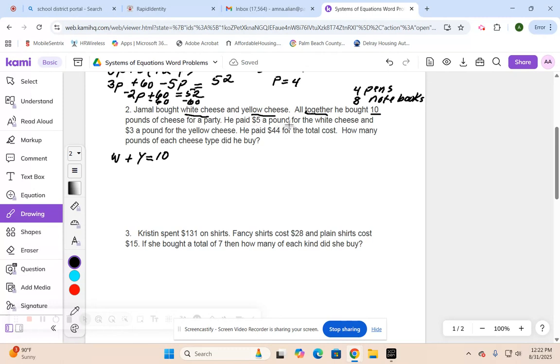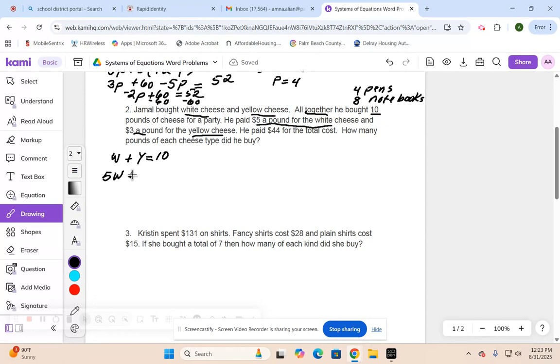Well, he paid $5 per pound of white cheese, so we can come over here. He paid $5 for each pound of white cheese. How much did he pay for the yellow cheese? He paid $3 for yellow cheese.